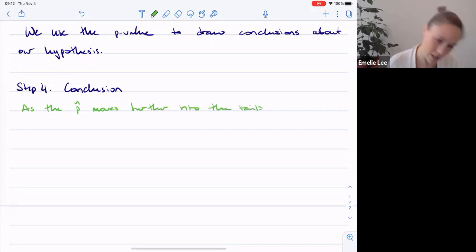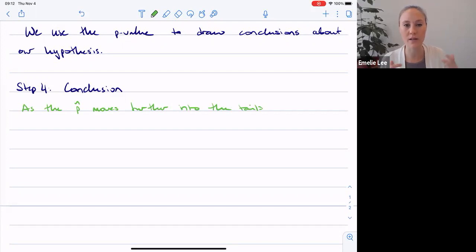I just want to tell you why it is that we're doing this, because otherwise, if I just tell you, oh yeah, if the p-value is small enough, then you reject the null hypothesis, that becomes really difficult to wrap your head around. So I just want to explain what's going on, and then I'll give you the actual rule that we use.